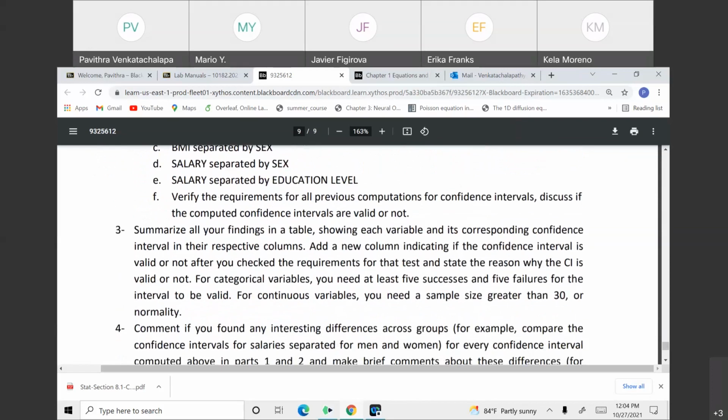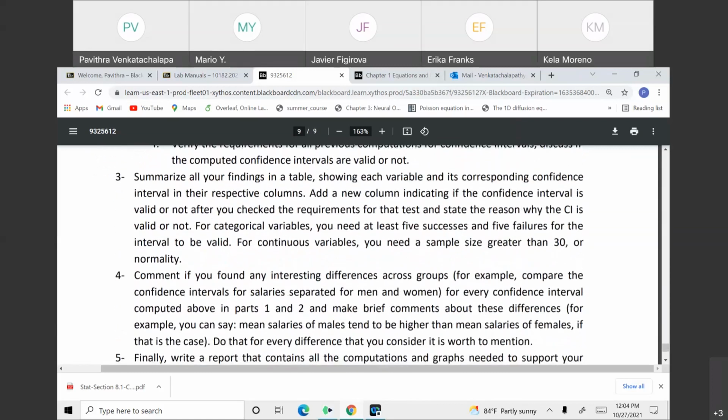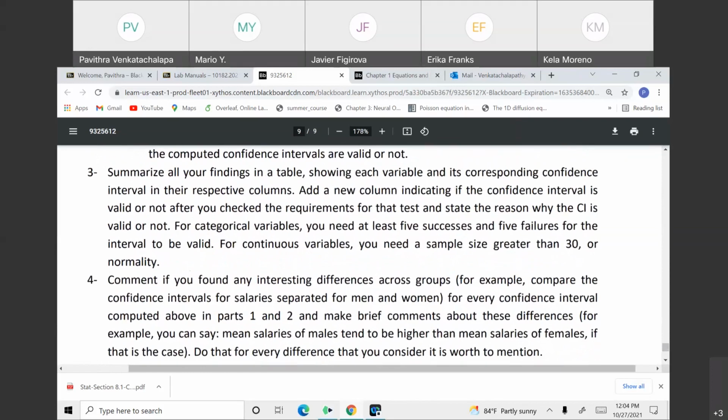So how do you check whether it is valid or not? If you can read the last 2 lines in question number 3, it says that for categorical variables, you need at least 5 successes, and for continuous variables, you need a sample size greater than 30, or you have to check the normality.